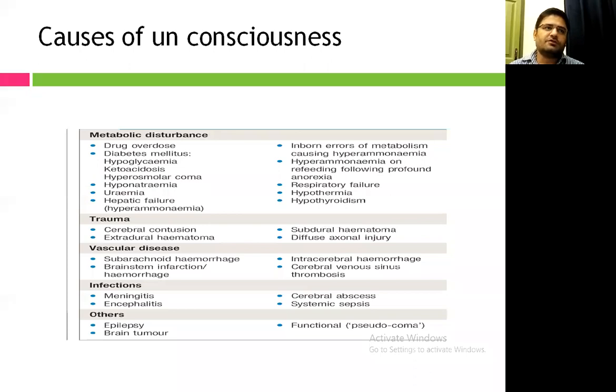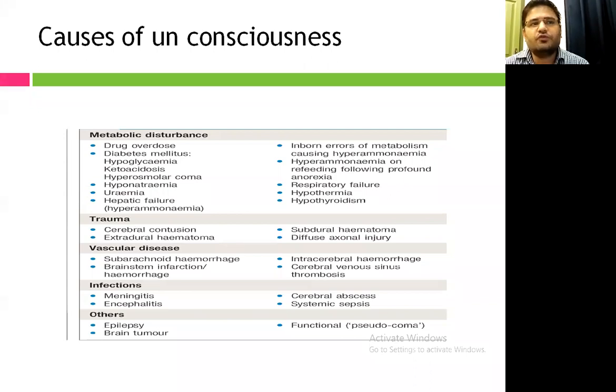Metabolic causes include drug overdoses like Panadol or paracetamol abuse, Ascard abuse, and club drugs. A known diabetic patient may become unconscious with severe hypoglycemia, ketoacidosis, or hyperosmolar non-ketotic coma. Others are uremic encephalopathy, hepatic encephalopathy, severe hepatic failure, and certain inborn errors of metabolism.